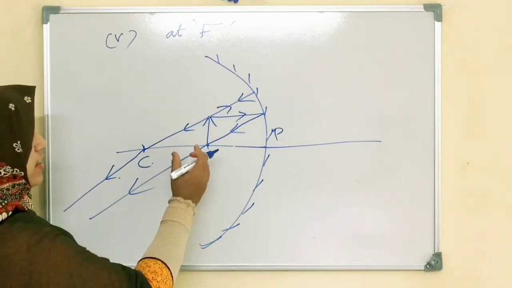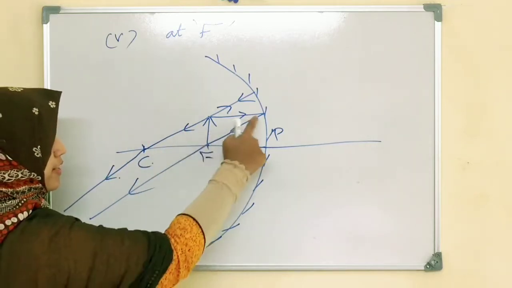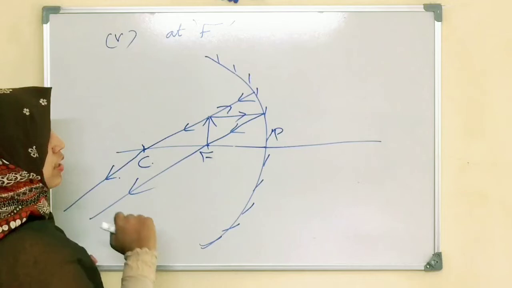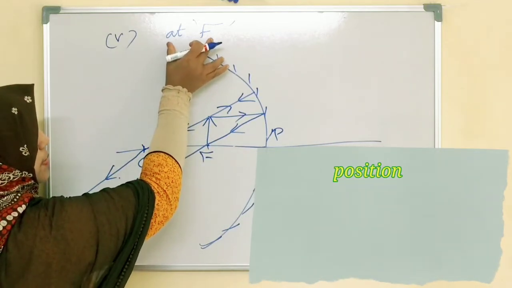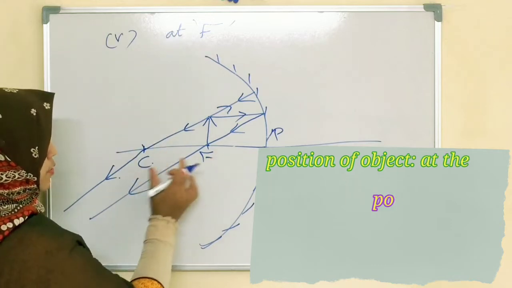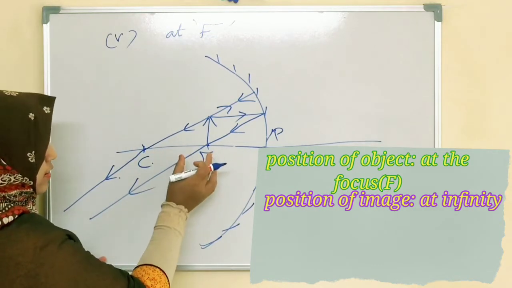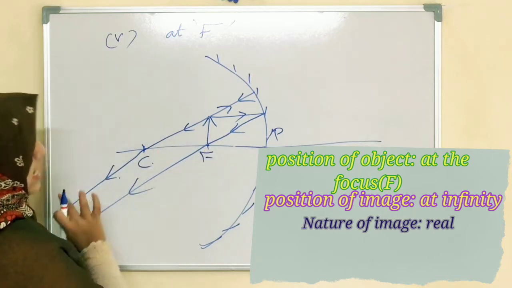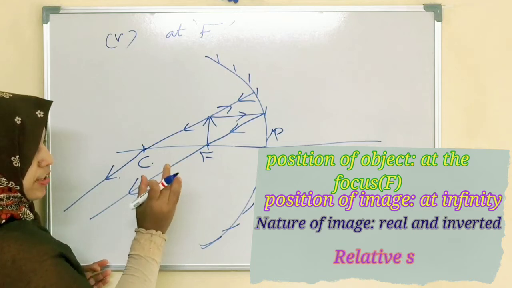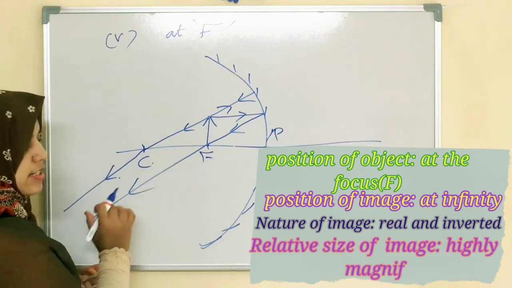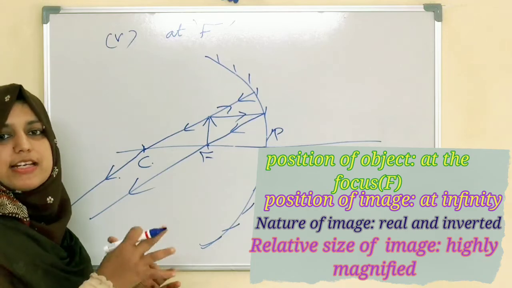We used two rules here. What are the two rules? First rule and third rule. Position of the object is at the principal focus. Position of the image is at infinity. Nature of the image is real and inverted. And the relative size of the image is highly enlarged or highly magnified.